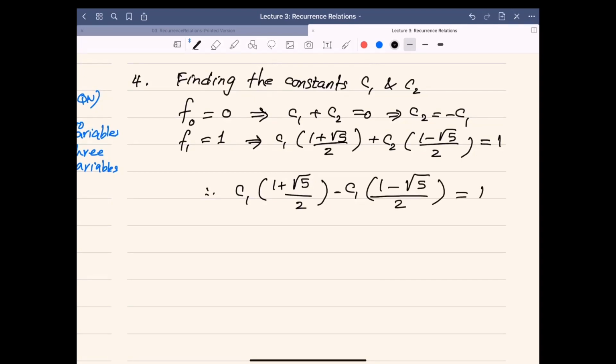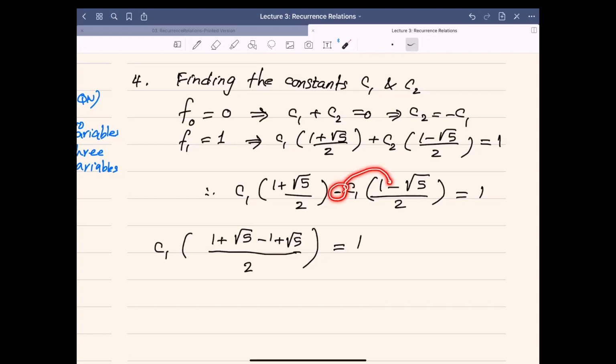So take C1 common between the two, and since both are divided by 2, we will have 1 plus the square root of 5 minus 1 plus the square root of 5, equal to 1. I multiplied minus for both 1 and minus the square root of 5. So it will be minus 1, and minus multiplied by minus is a plus. So 1 minus 1 will cancel.